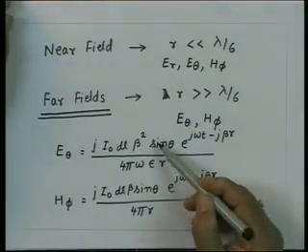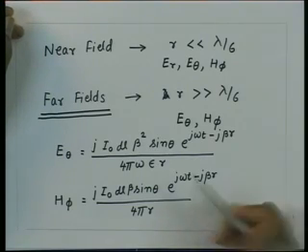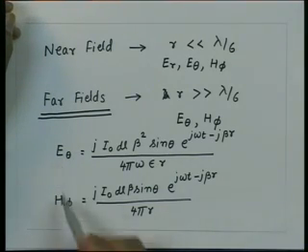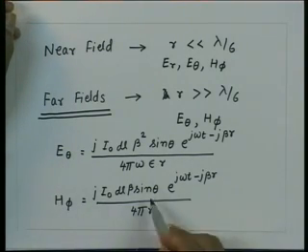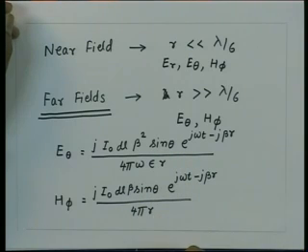Again, a few things can be noted here. Firstly, both the fields have a variation as a function of angle theta as sin theta. That means the fields are 0 at theta equal to 0 and maximum at theta equal to 90 degrees.